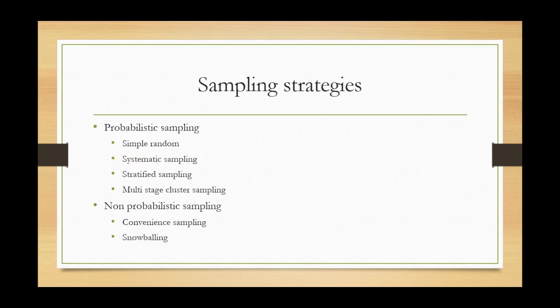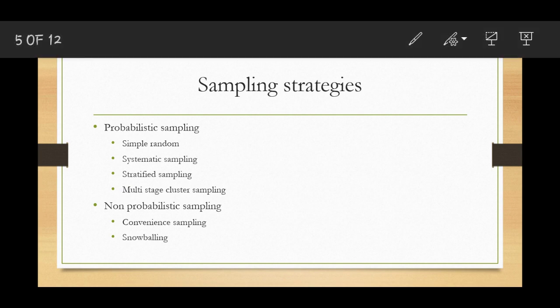So those are the sampling strategies from the probability side. Let's speak about non-probability sampling. In non-probability sampling, the researcher selects individuals because they are available, or convenient, or they represent some characteristics that the investigator wants to identify.